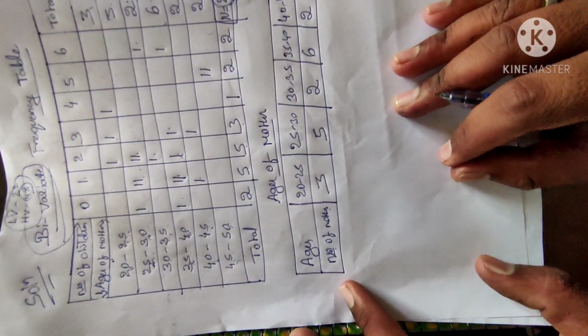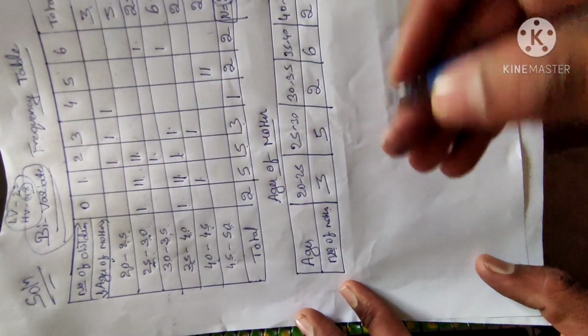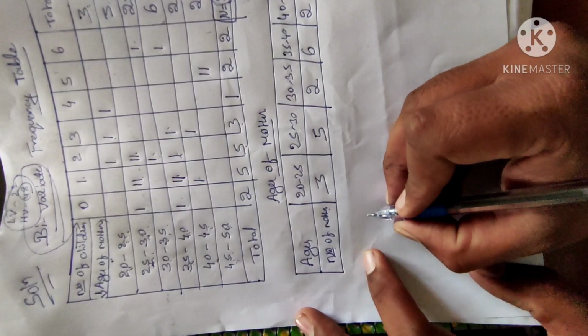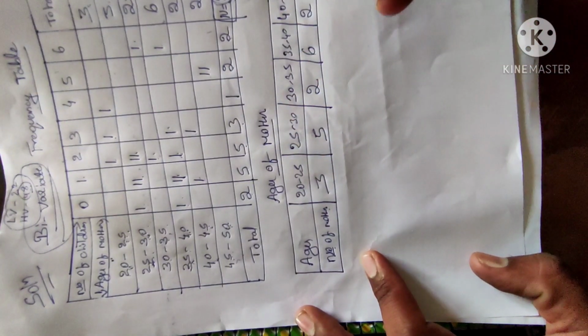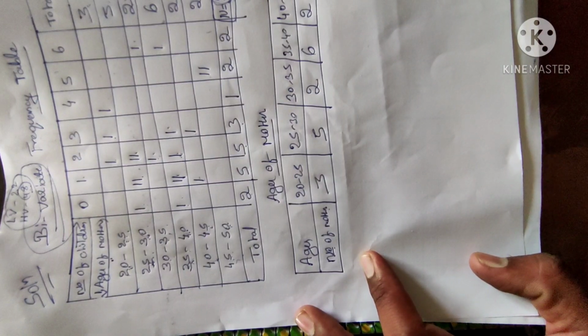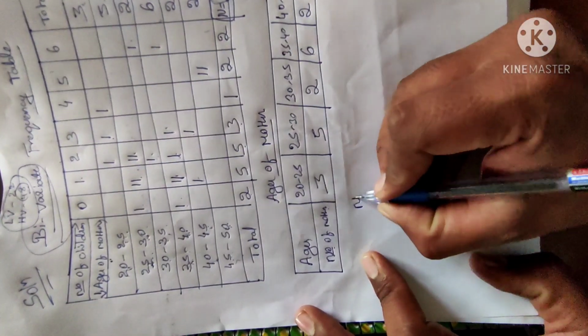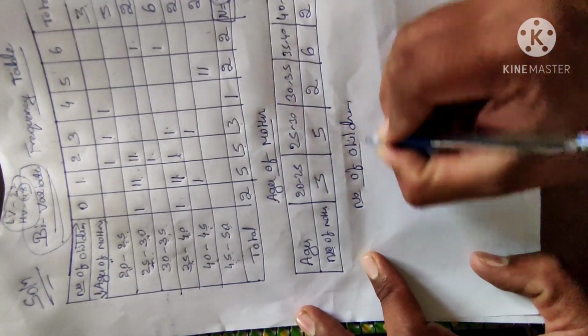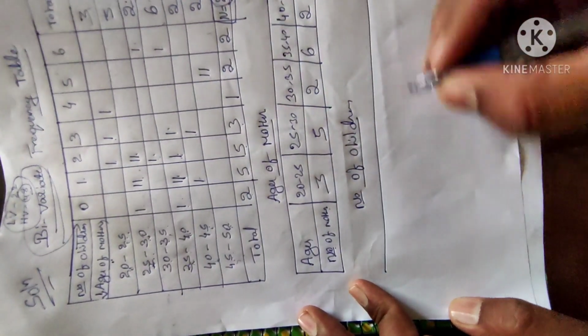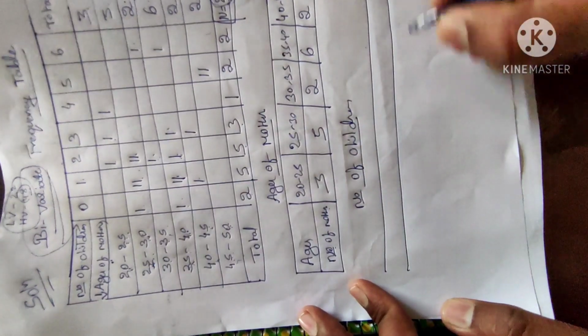Next we should convert the bivariate data into one more frequency table, like a marginal frequency table, by using the number of children.